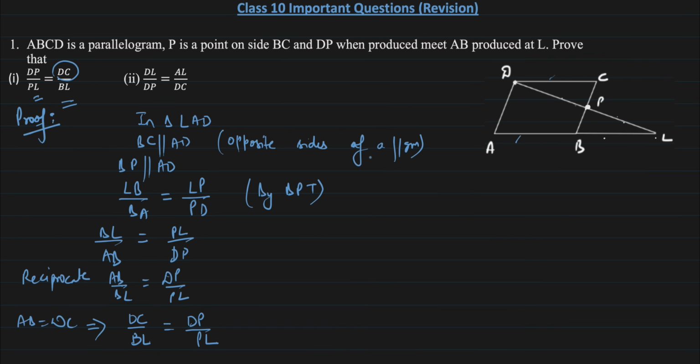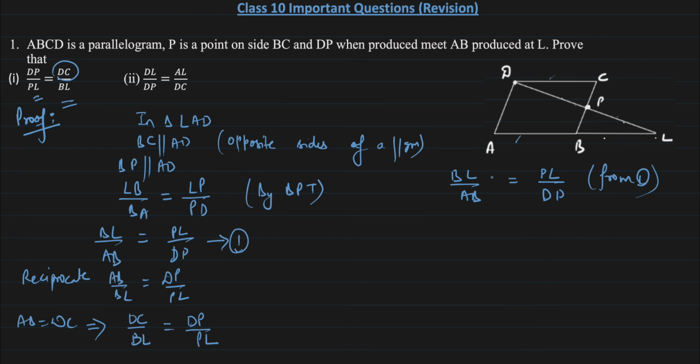Now let's move on to the second part. For the second part also, we'll use the same thing that we did in the first part. So I will mark this as 1, and from 1, let me write it again over here. BL by AB equals PL by DP, that is from 1.